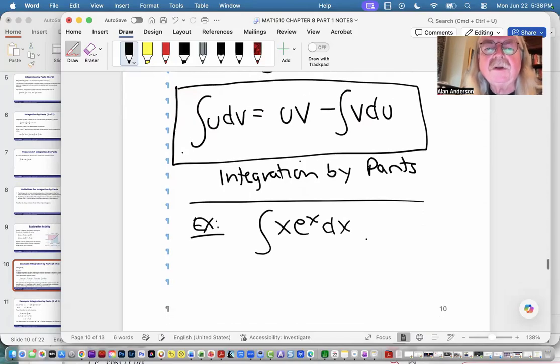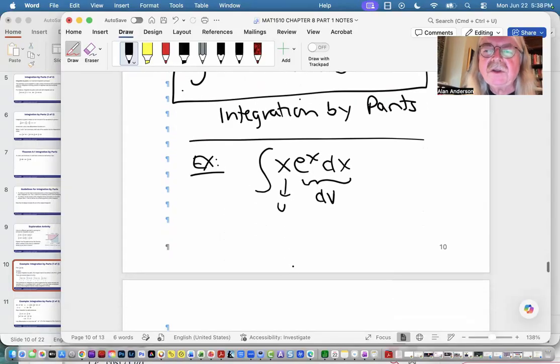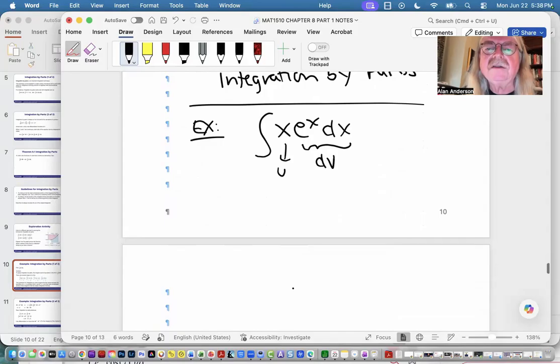Now remember, we're trying to fit it into this framework. So why don't we try this? Let's try this to be our dv, and this would be our u. Now, we have to make sure that this is going to work out correctly because, like I said, if you get it backwards, you're certainly going to end up with a mess on your hands. So here's what we need to do.